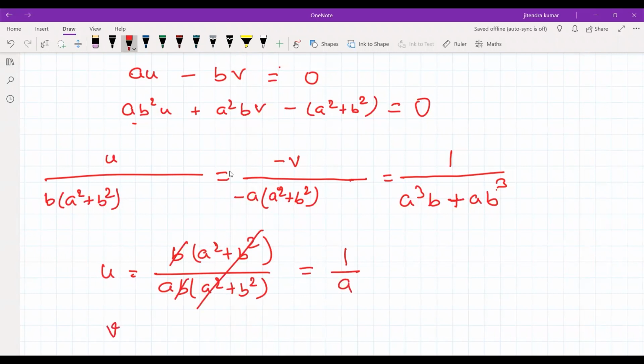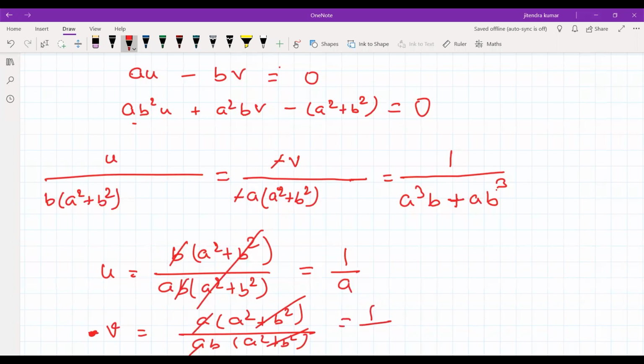Similarly, if you find v, so minus v here, let's cancel this minus and minus sign, so we'll have v equal to a into a square plus b square. And similarly, if you take ab as common, we will have here a square plus b square, so this gets cancelled, so we have 1 by b.